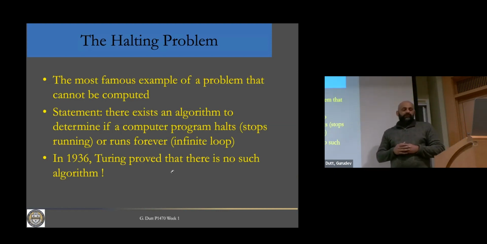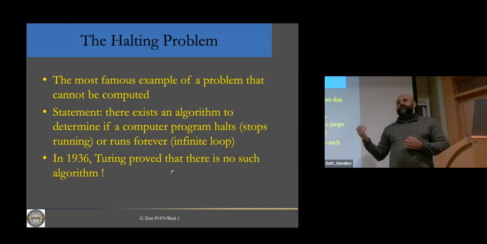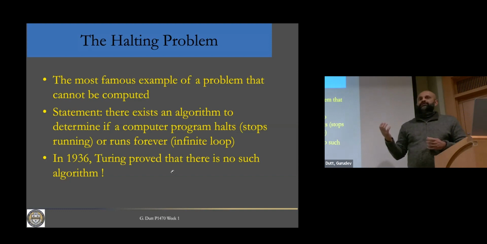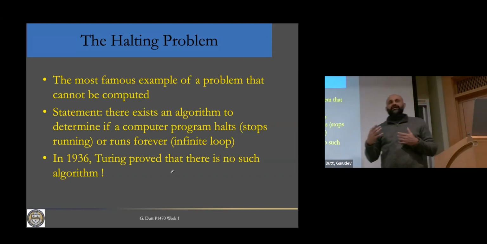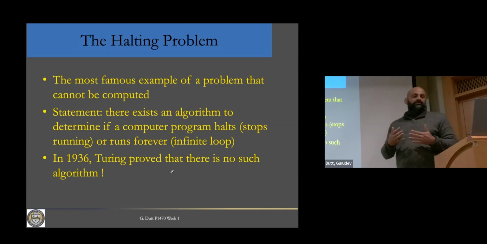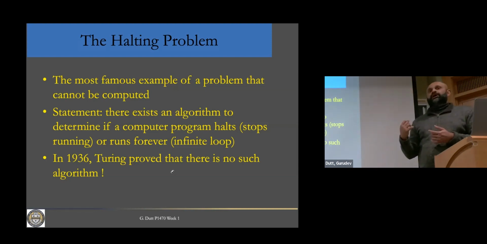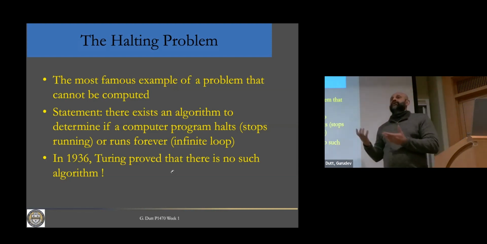So the most famous example of a problem that cannot be computed is the so-called halting problem. The statement of this problem is: there exists an algorithm to determine if a computer program, that is a universal Turing machine, will halt, or if it will run forever. That's the infinite loop.